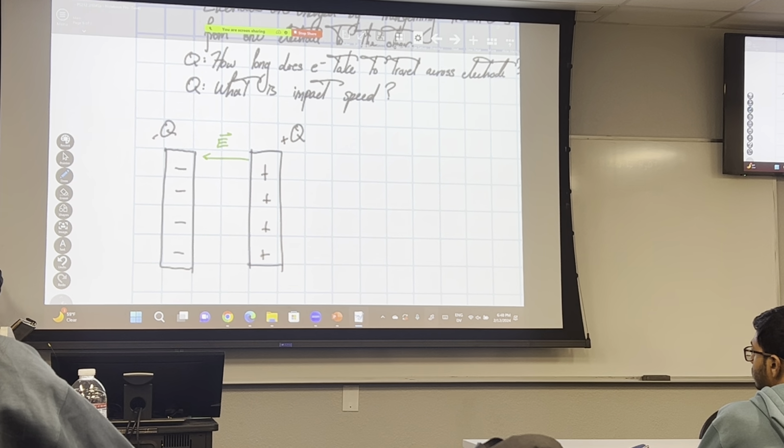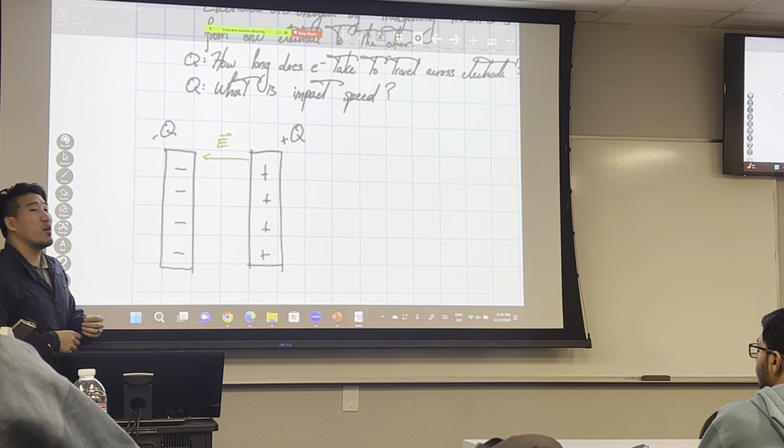Now here, where are the electrons? Or at least the ones that can freely move? On the positive side? Not on the positive side, because they're being pulled to the negative?